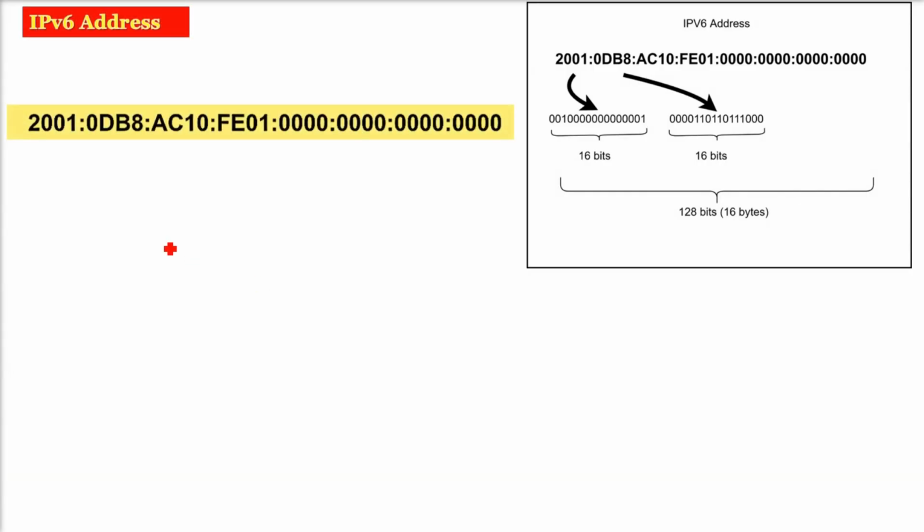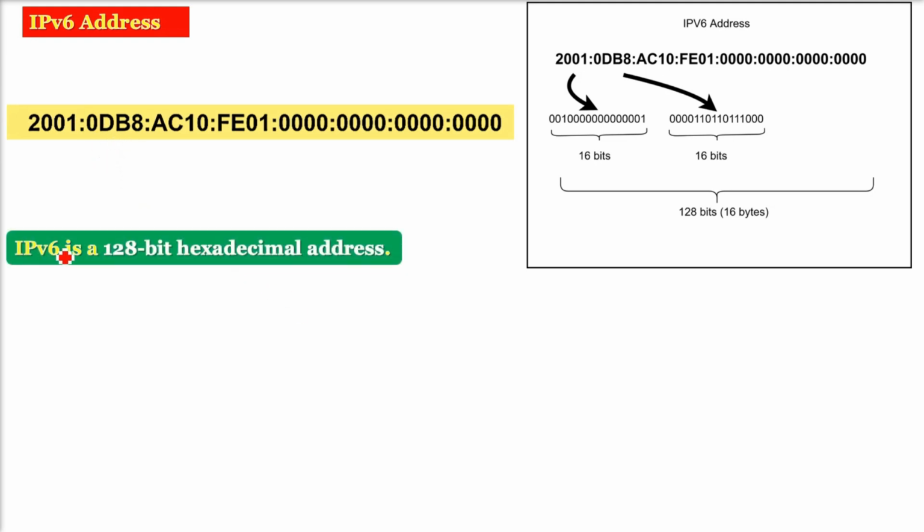The IPv6 address, which you see here. First of all, it is a 128-bit hexadecimal number. Two things you have to remember: 128-bit, hexadecimal number. IPv4 was what? Totally numeric. One octet, one group or field, can go from 0 to 255. IPv4 was decimal.